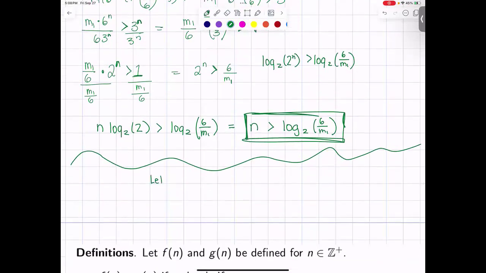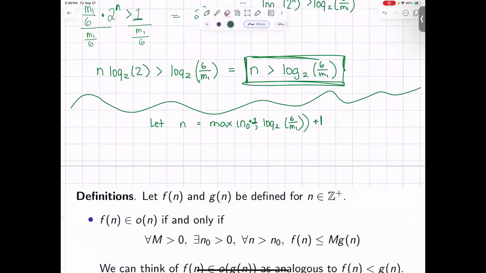And just as before, I'm not going to actually do the whole proof, but I will get you started now that we've done the scrap work. We know that we need n to be greater than n naught, which is the max of, pardon me, log base 2 of 6 over m1, plus 1 on the outside.